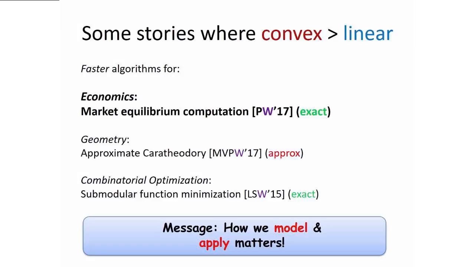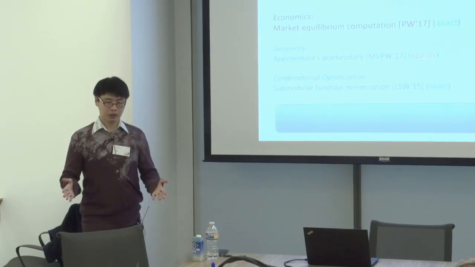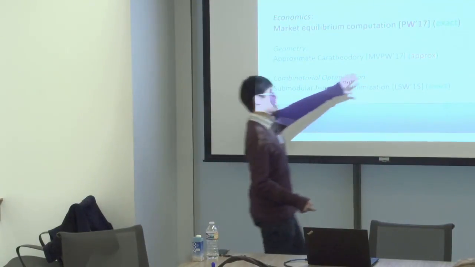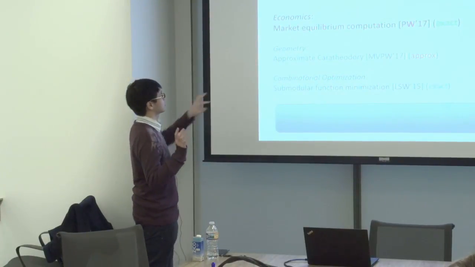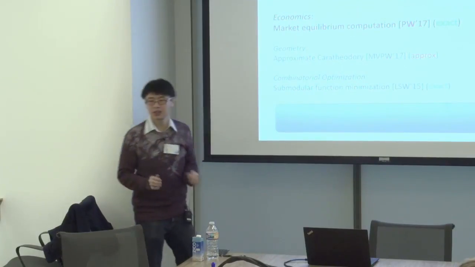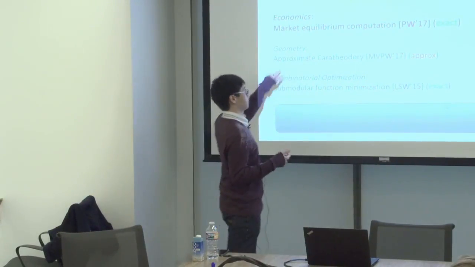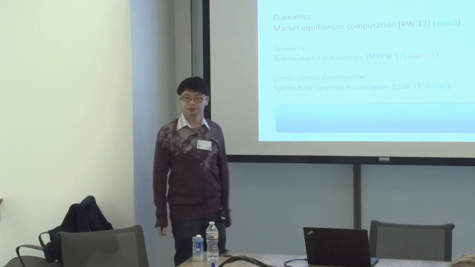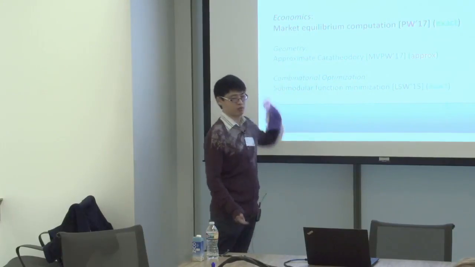So I'm going to show you two problems where you can get a speedup by going convex, even in the exact paradigm. So for this problem in econ and this problem in discrete optimization. And I also want to give you an example where approximation helps. So it's an approximate version of a problem from geometry.